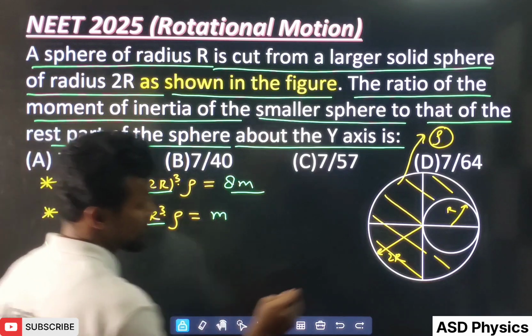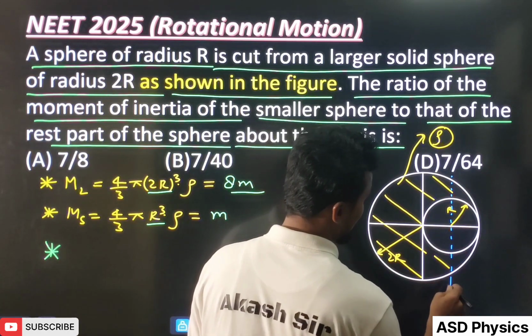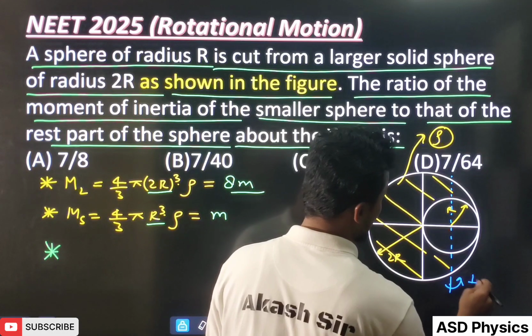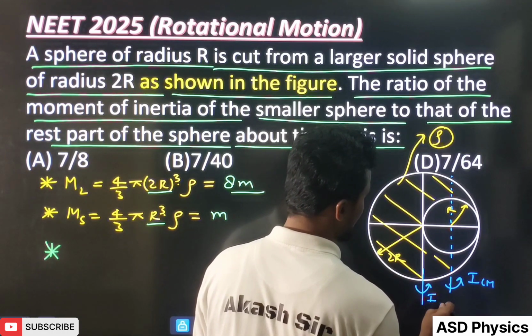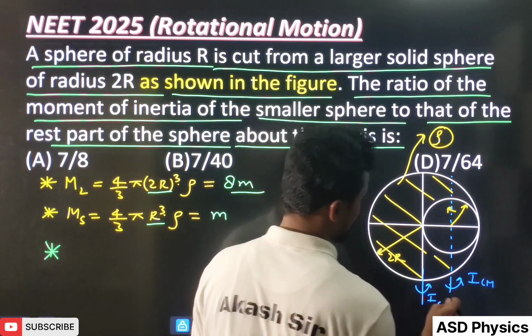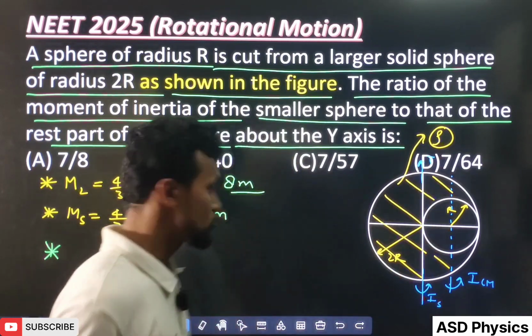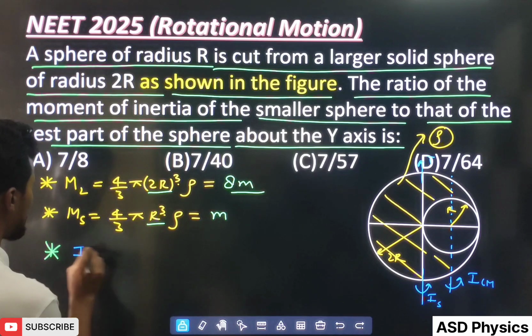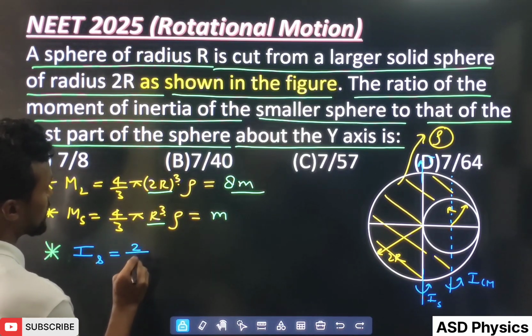Okay, the smaller sphere. See, this is the axis passing through the center of mass. First, about this axis, I will calculate the moment of inertia ICM, and then I will apply the parallel axis theorem, and I will calculate about the y-axis. Now, this is the y-axis. For the smaller sphere, what is the formula?